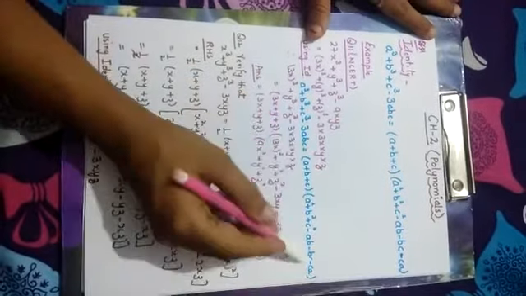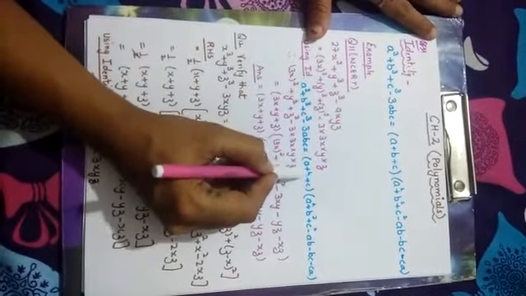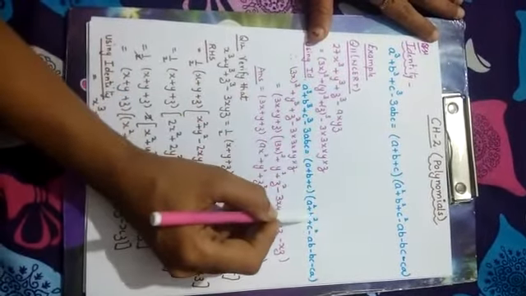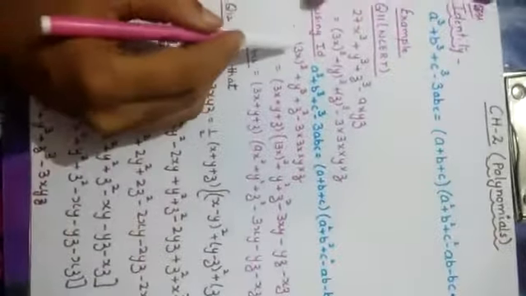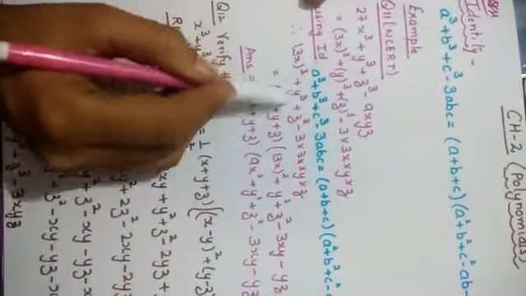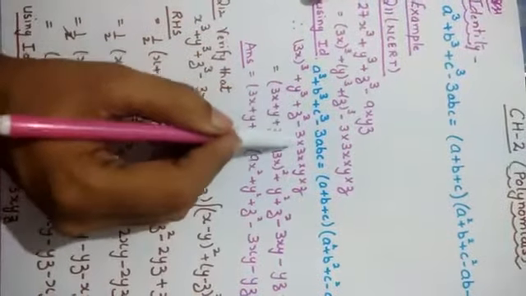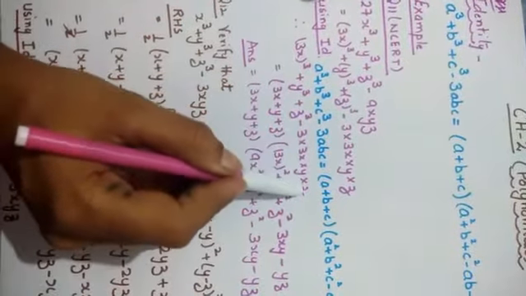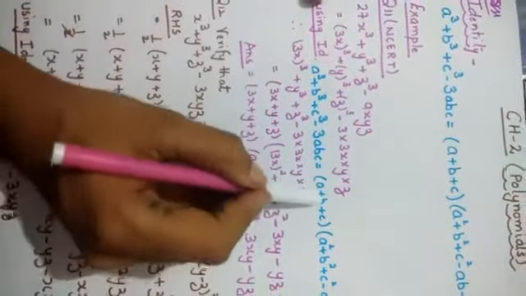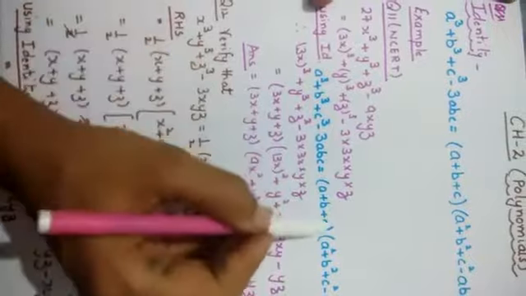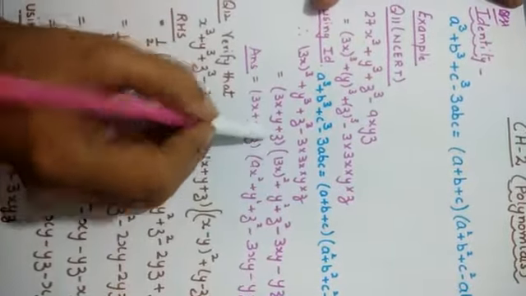So its expansion on the other side is a plus b plus c, a square plus b square plus c square minus ab minus bc minus ca. So here it is 3x cube plus y cube plus z cube minus 3 into 3x into y into z. In place of A it is 3x, in place of B it is y, in place of C it is z.